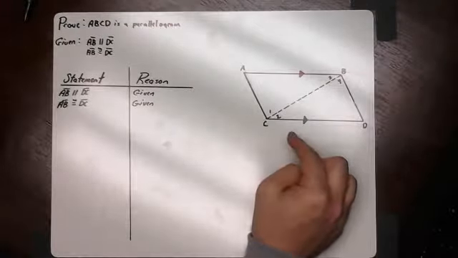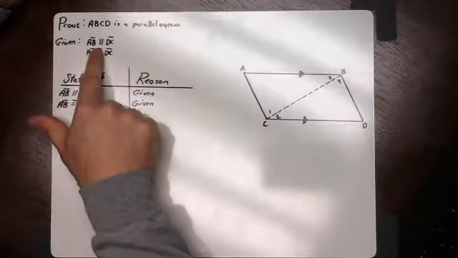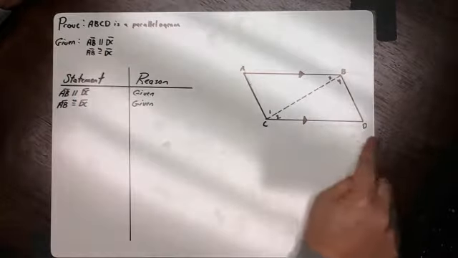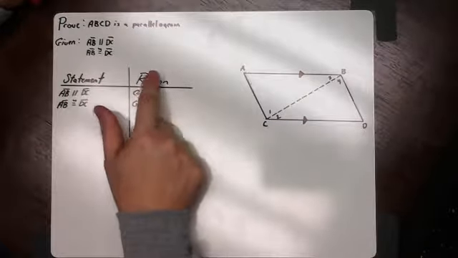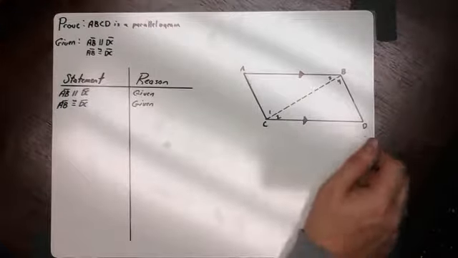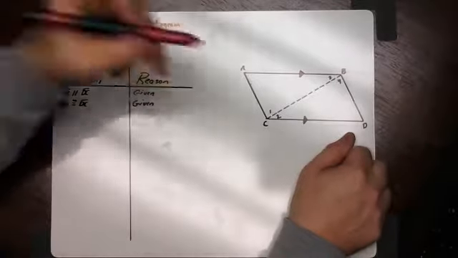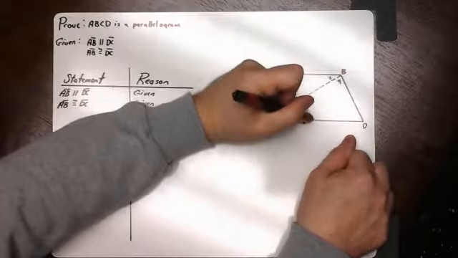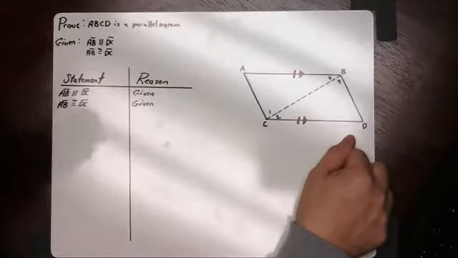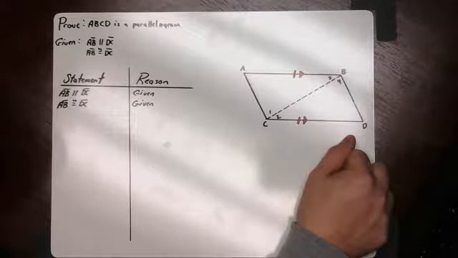All right, let's take a look at the given. The given states that AB and CD are parallel. It also states that AB and DC are congruent. So let's mark that off. So I have AB is congruent to DC. And also I have the parallel lines.